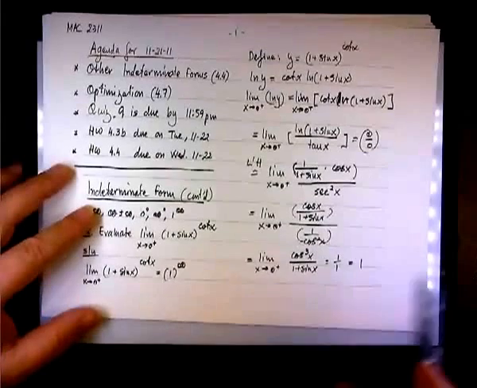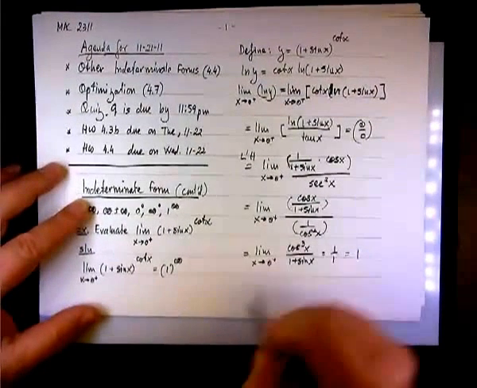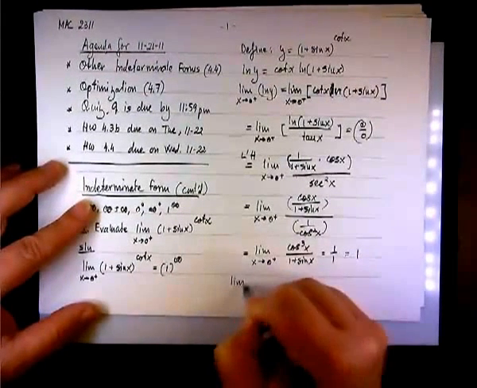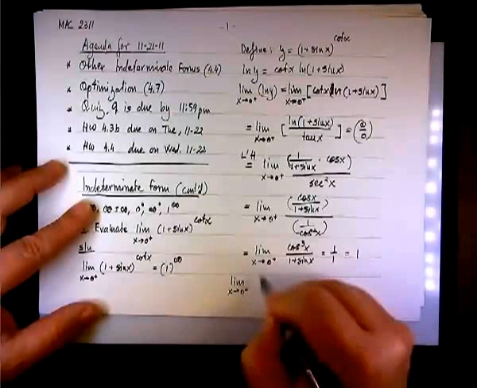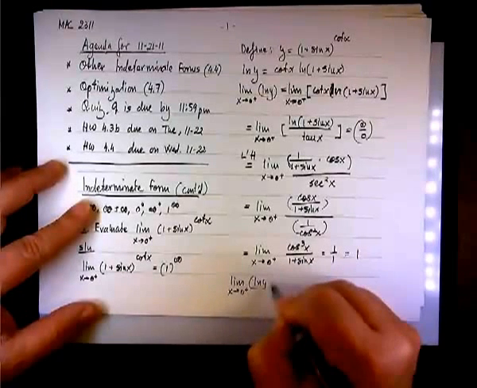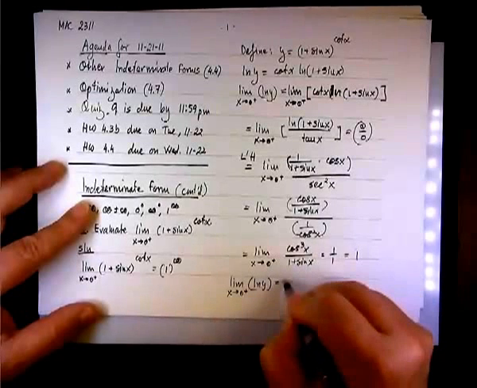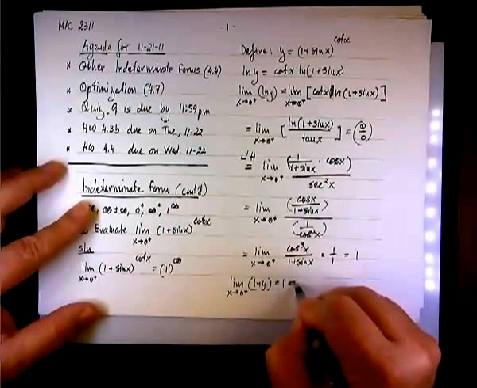So here we go. What we have at this point is that the limit as x approaches 0 plus of the natural log of y equals 1. What do we get out of here?